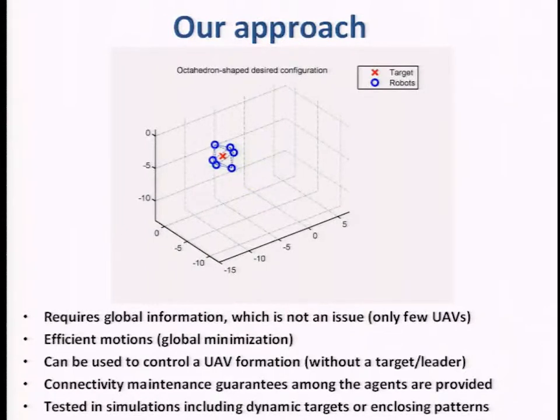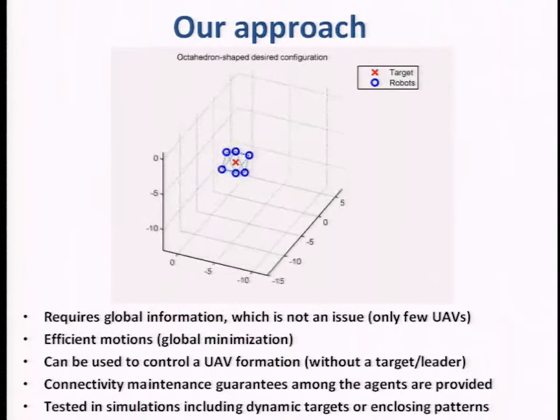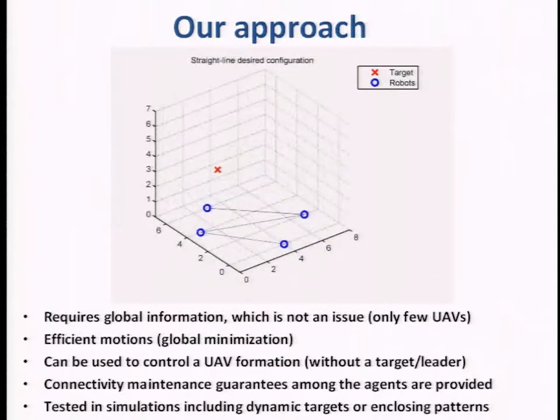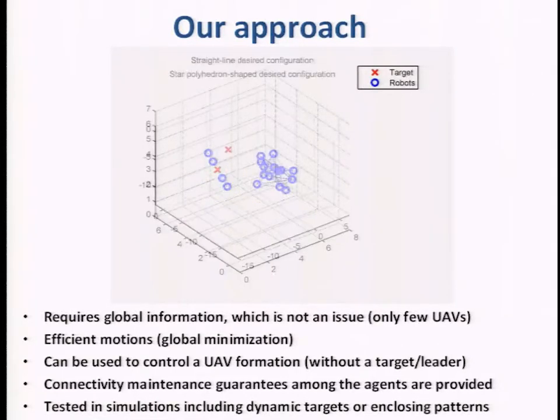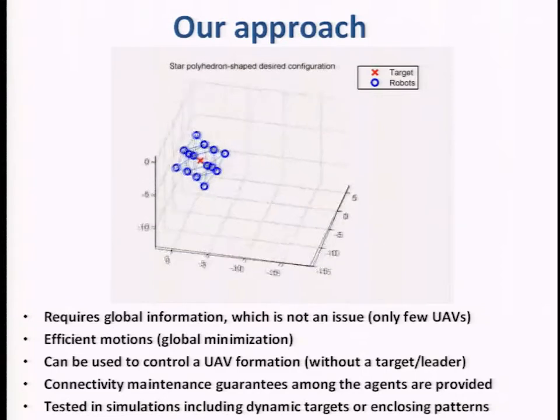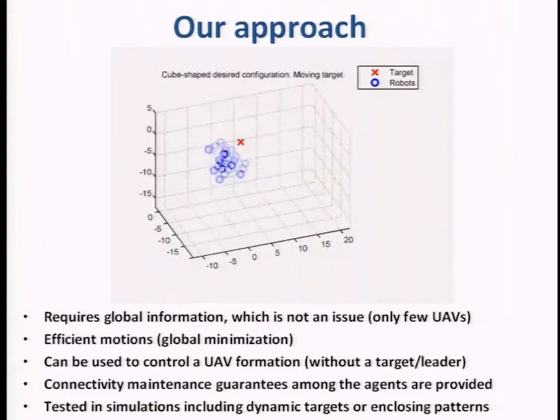We can see different numbers of robots and different pattern configurations. We also saw that this method can be used if the target is moving, if it is a dynamic target. And we also finally saw that we can allow the formation to rotate around the target depending on the possible applications.